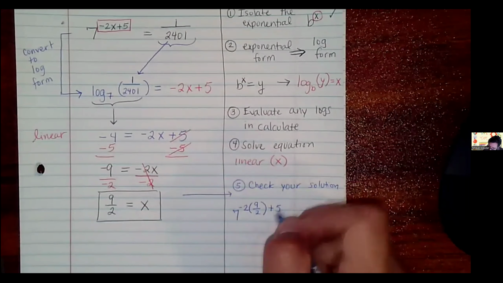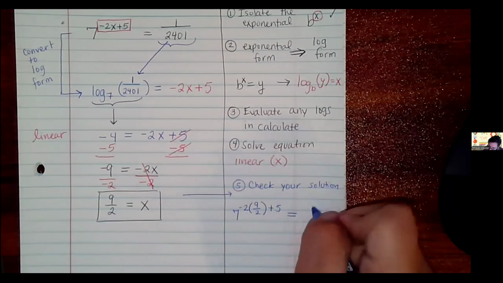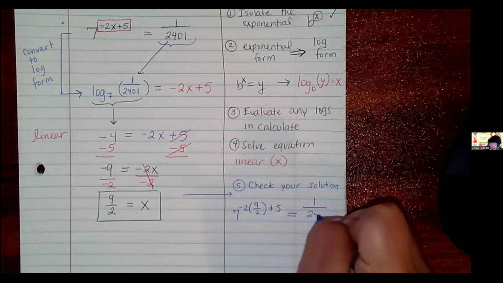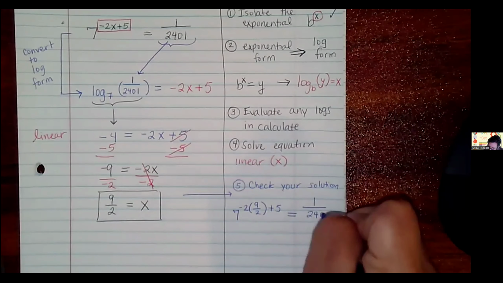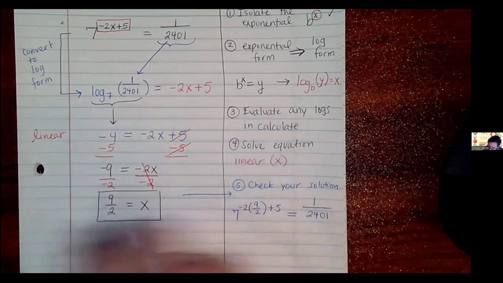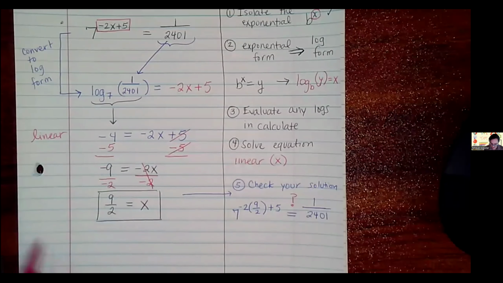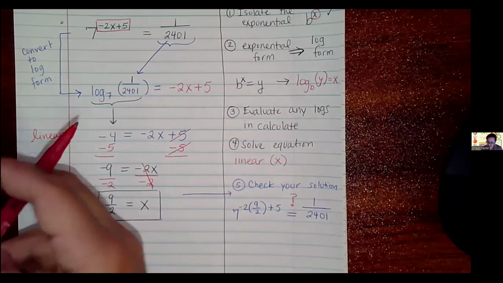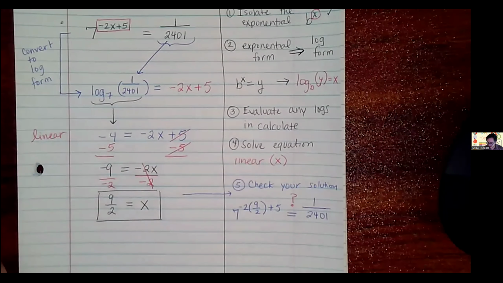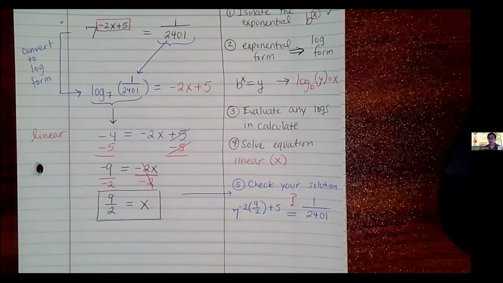That when I put that in the calculator, that should equal 1 over 2,401. But I don't know that for certain because you may have made a mistake, right? And so this is something that you can do with any equation that we've solved before, where you plug in your solution, your proposed solution, what you think is the answer, back into the original equation to see if it works.